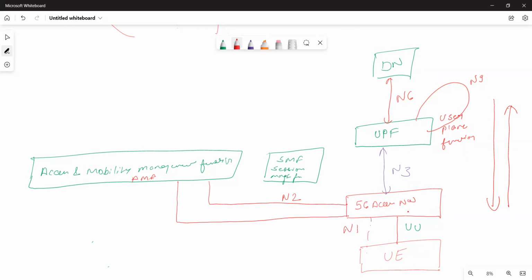Basically in LTE we had UE and MME, so there was a similar interface, here it is N1, right? So NAS signaling protocol would be going over there. And then we have AMF and SMF. Between AMF and SMF we have the N11 interface, and your SMF is connected to UPF via the N4 interface.